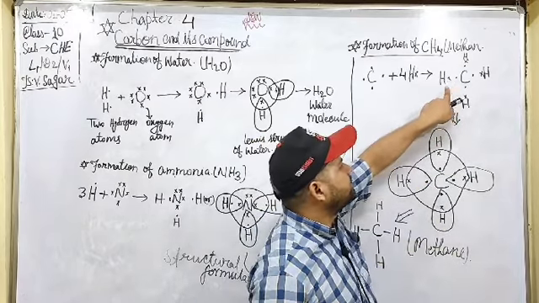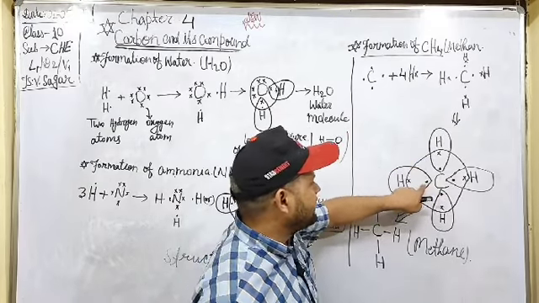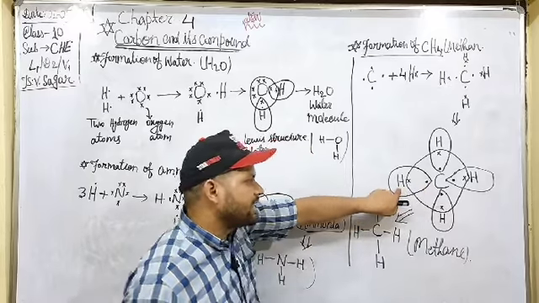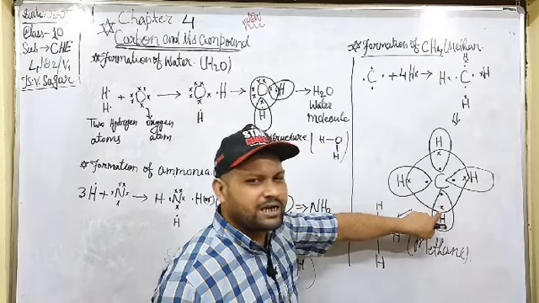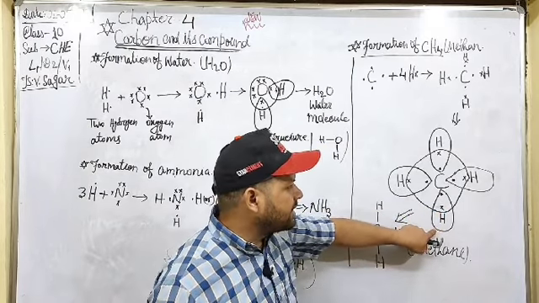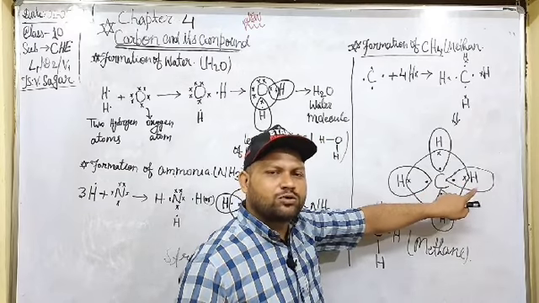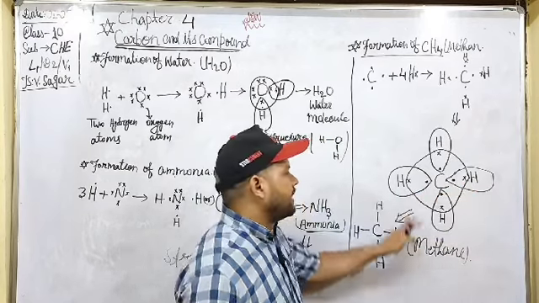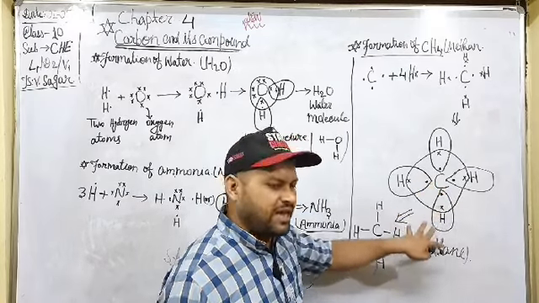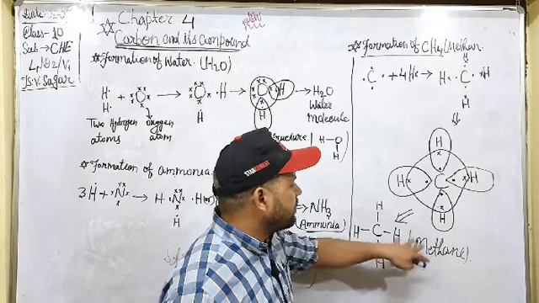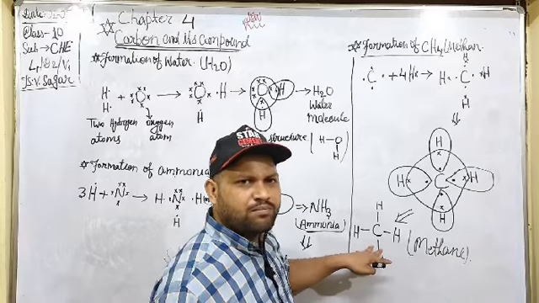Here the first electron of carbon is shared with the electron of hydrogen, and here the second electron of carbon shares with the electron of hydrogen, and here the third electron of carbon is shared with the electron of the third hydrogen, and here the fourth electron of carbon shares with the electron of the fourth hydrogen, and this structure is formed as the Lewis structure of methane, and the molecule of methane is shown by this structural formula.